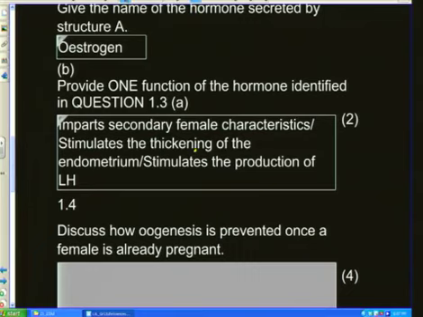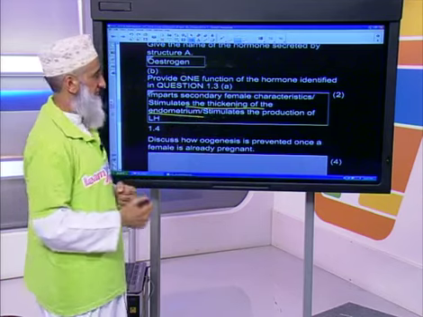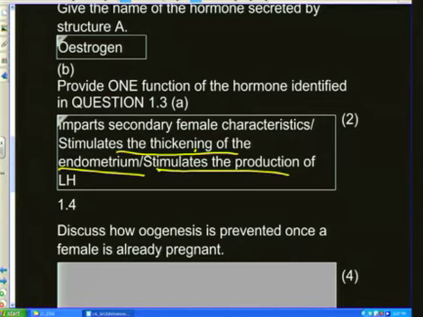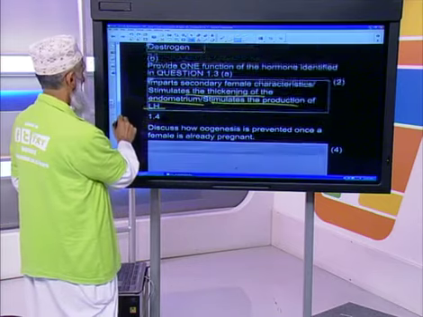It stimulates the thickening of the endometrium. In other words, it causes the uterine lining to become thicker. Why? For possible pregnancy, for possible implantation. And sometimes it also stimulates the production of LH. When estrogen is high, LH will be secreted after that.